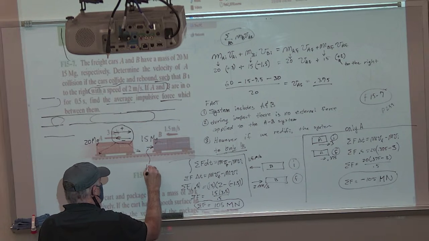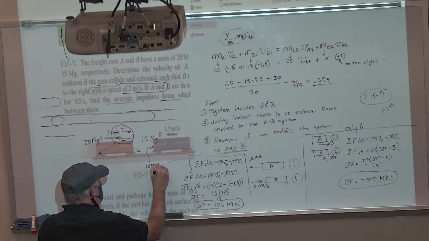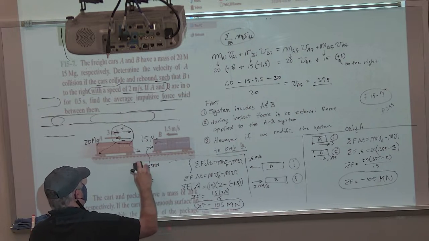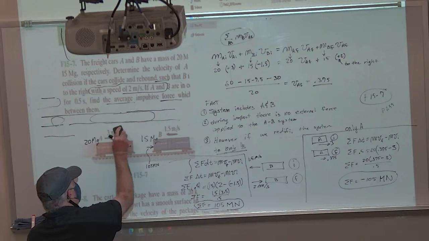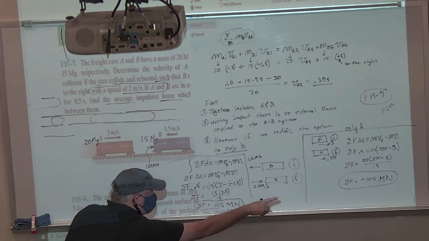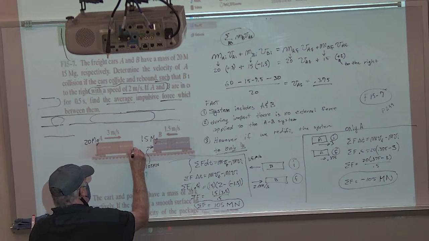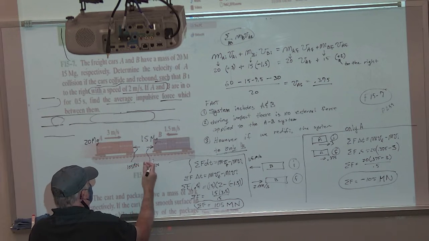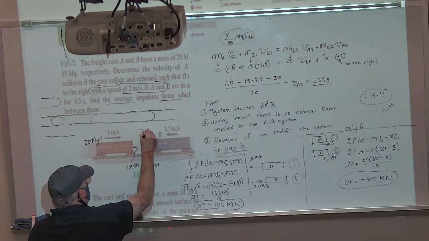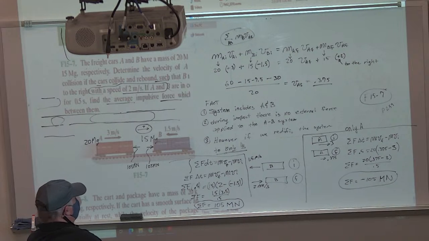The force was 105 meganewtons to the right. Over here on A, guess what? 105 meganewtons to the left, remembering that we've set this up as being positive.